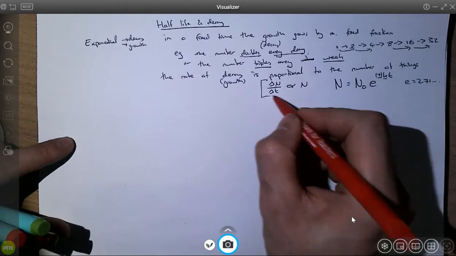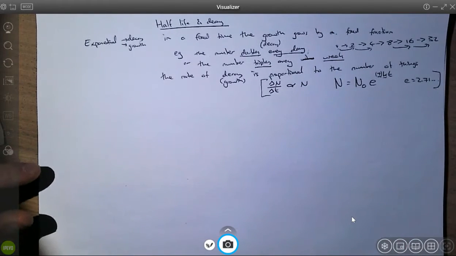But this is most definitely not GCSE. This is what we do in A-level physics.